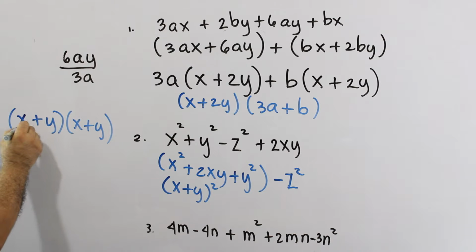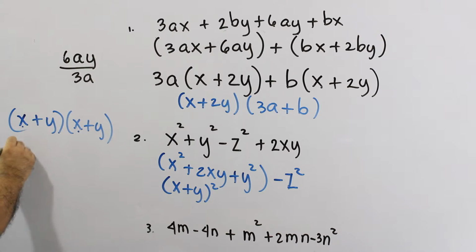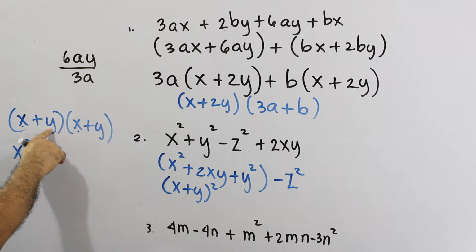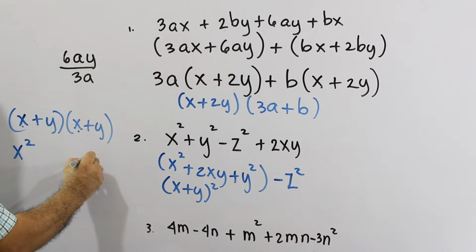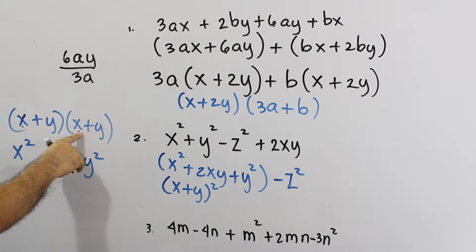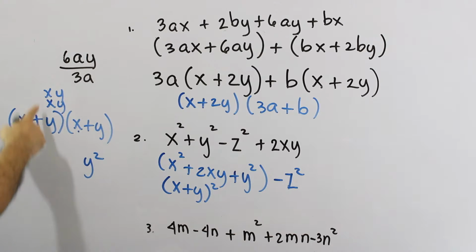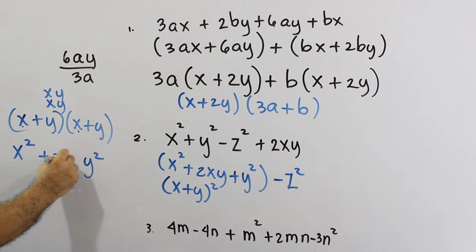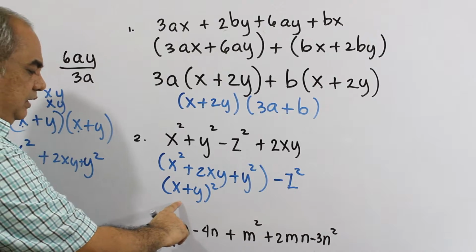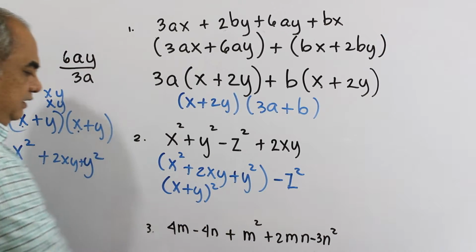So this x and x, when you multiply them, is x squared. When you multiply y and y, you have your y squared. The middle term, when you multiply this, it's going to be xy as well as this one, xy. So when you add them, you have your 2xy. And this is exactly the same as this one. So we can conclude that truly, this is the factored form of this expression.